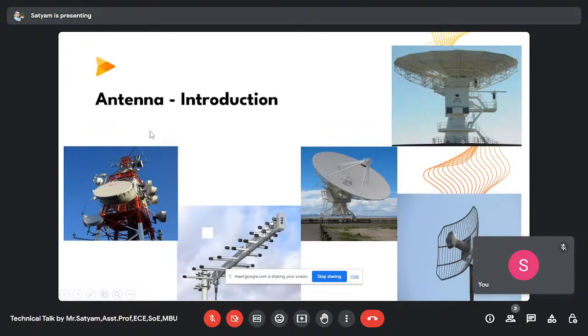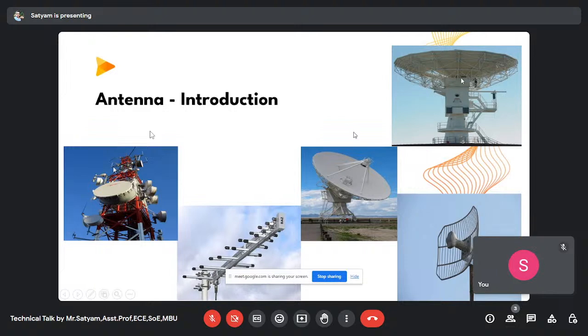As you can see, there are a variety of antennas all around, right from mobile towers to early days televisions. This is a Yagi Uda. Then satellite communication, and then in radars, and other satellite communications.